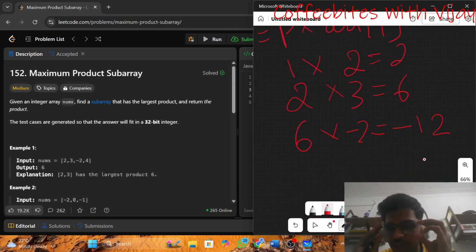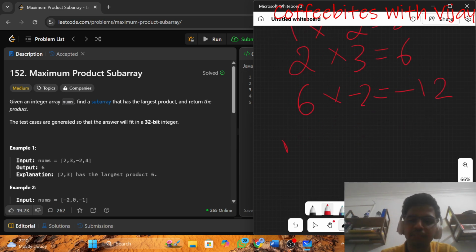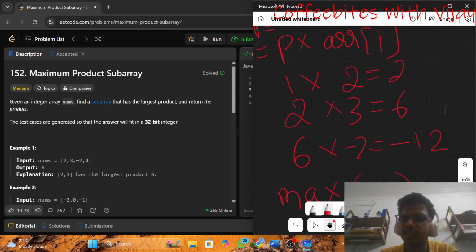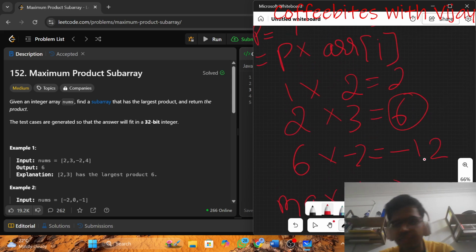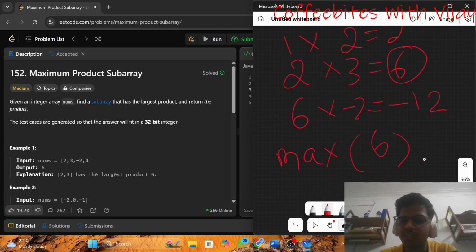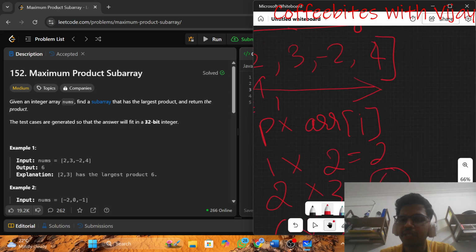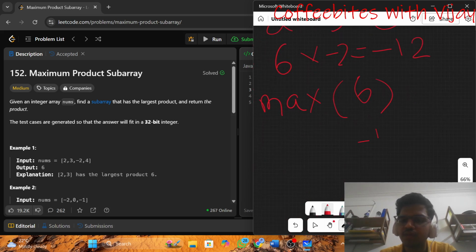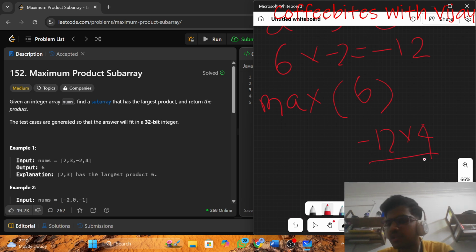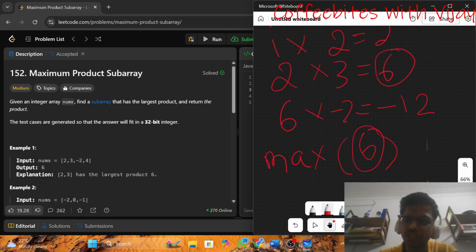Here we have to remember to take the maximum value and store it. In these first 3 elements the maximum value is 6. I will store the maximum value as 6, and when I multiply minus 12 with 4, the answer would again be negative, so I don't care about that. The maximum value is plus 6. Simple, right? Yes, we can do this problem.